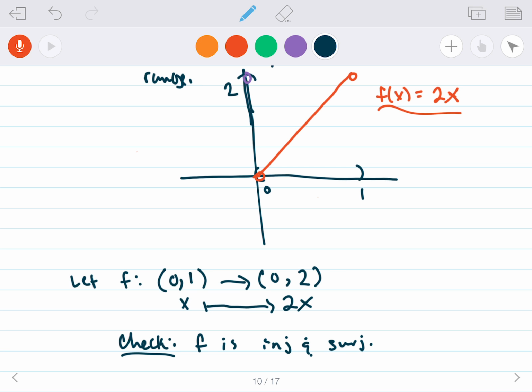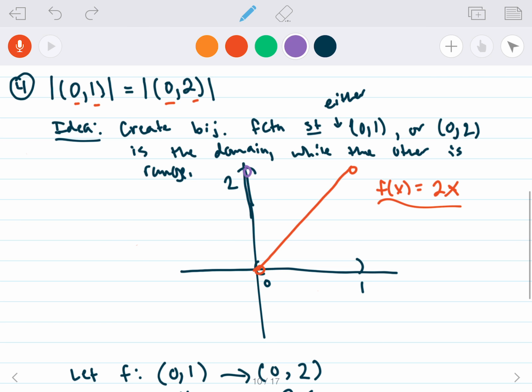That's not too crazy to show. And then show that if you have any y in (0, 2), there exists some x in (0, 1) such that f of x equals y.